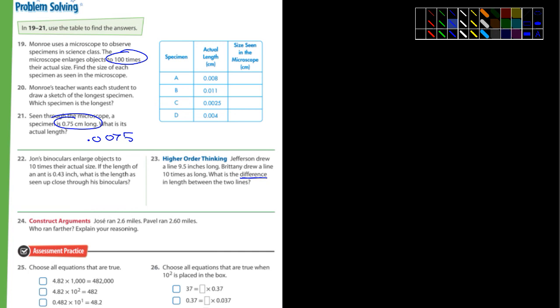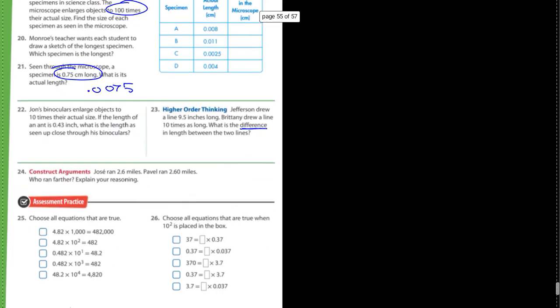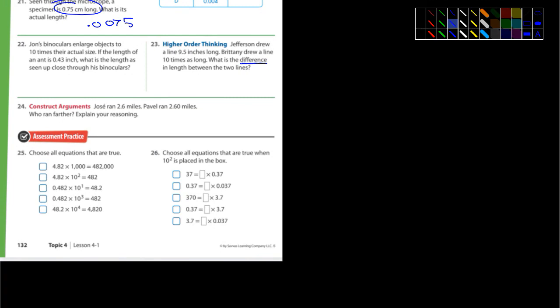Okay? Mr. Lee De La Rosa, question? Are you going to make one worth a stick? Good question. I think I will. Thank you. 24, Jose ran 2.6. Pavel ran 2.60 miles. Who ran further? Explain your reasoning. Yeah, there's a stick right there. I like that one. So there's one.